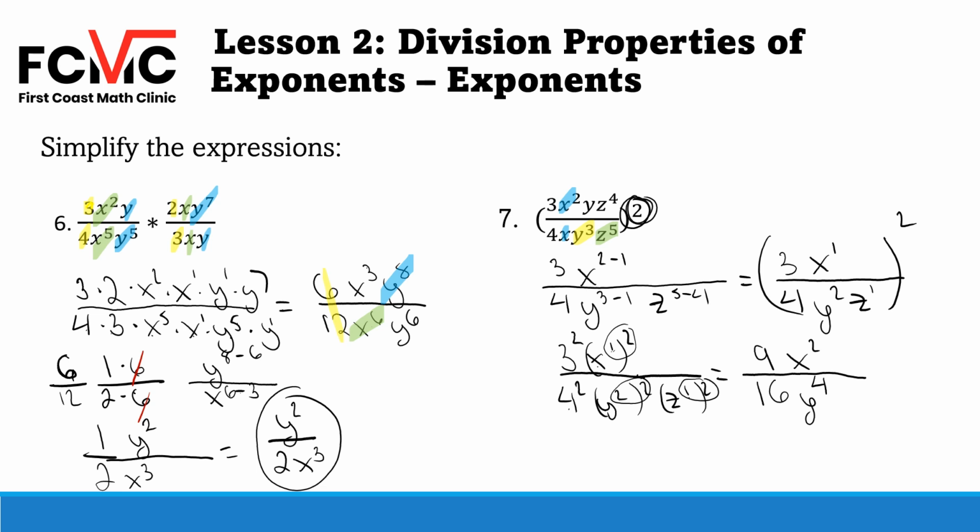We're multiplying those exponents, so this is going to give us z to the 2nd power. Now this step, I've got 9 over 16, nothing we can reduce there. I've got x as my base in the numerator, and then y and z. I can't reduce my variables there, so this is going to be my final answer for number 7.